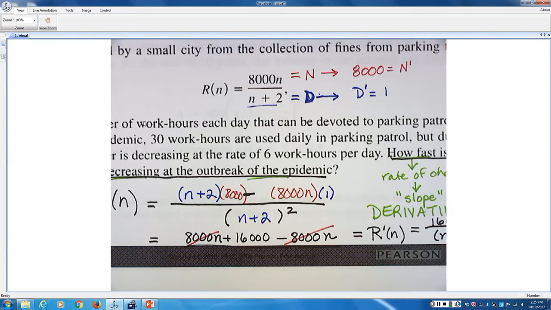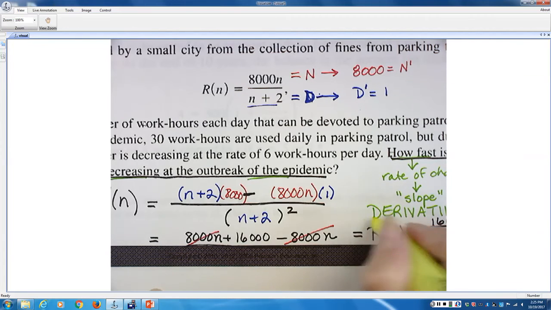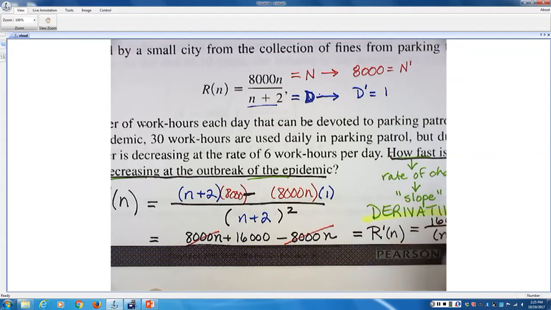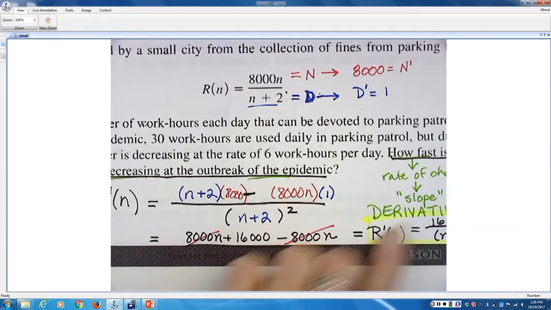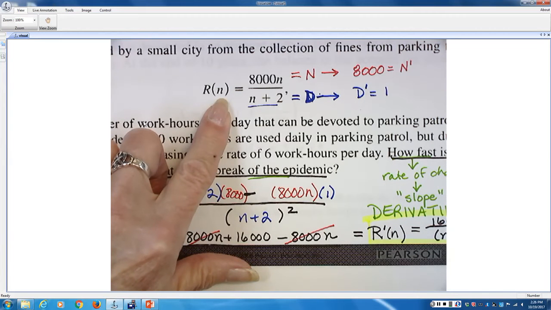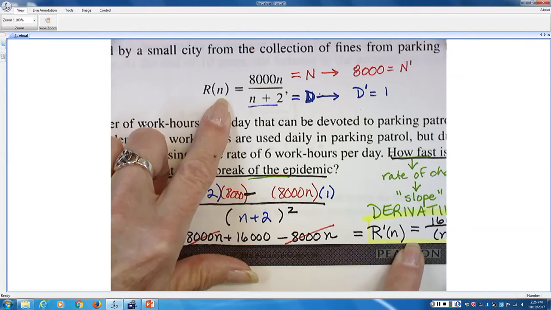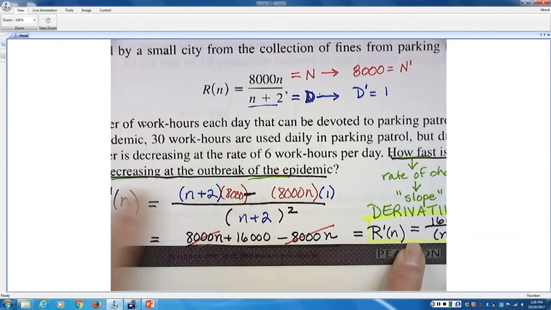So what this is giving us is the derivative of the revenue function. Sometimes this derivative is increasing, sometimes it's decreasing, it just depends on what the value of n is, okay? But they do tell us that at the beginning of it, they were using 30 work hours a day.